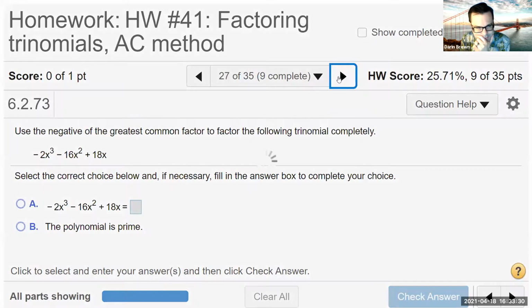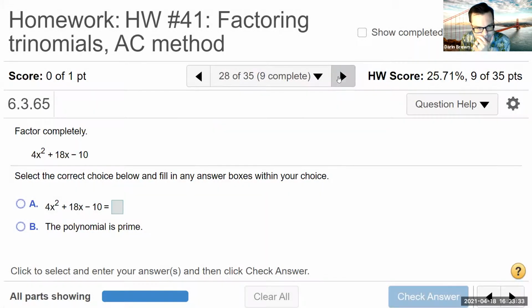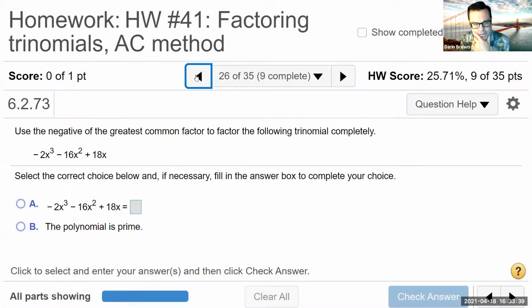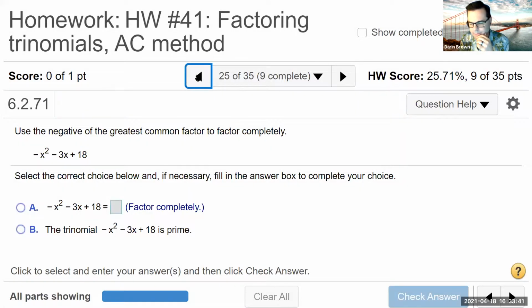Okay, there's some negative ones. Let's say we're looking at one where the numbers are quite large. And actually, I'm going to pause the video again to think of the example. There's an example I have in mind.